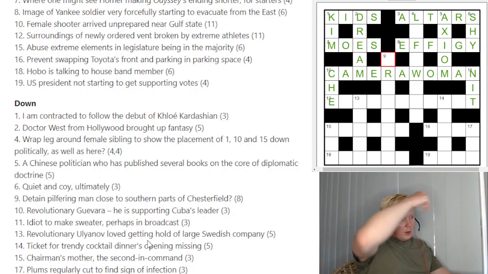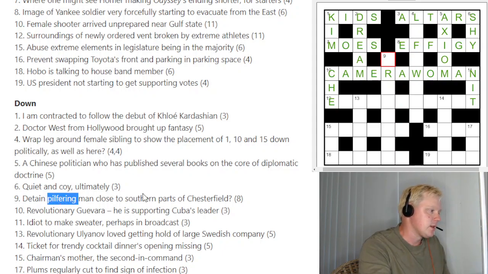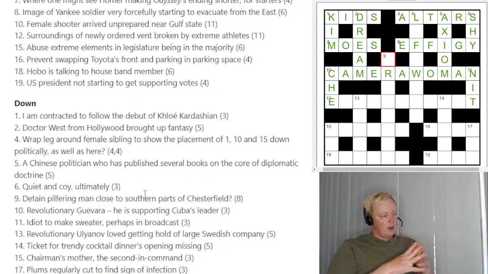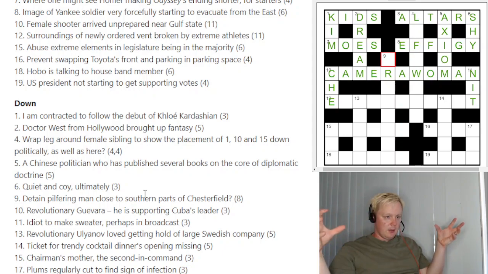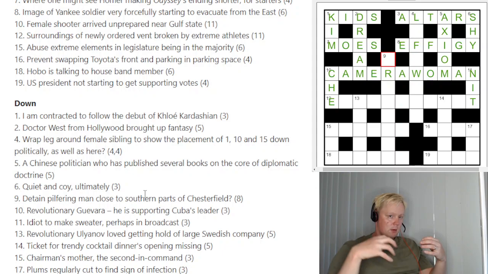Also we have pilfering. In the clue it's an adjective, but it can be a verb meaning something is taking another thing, something is inside the other thing.